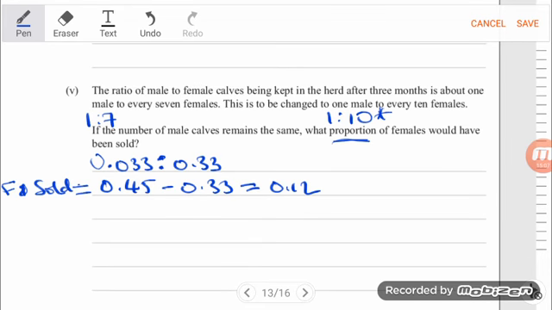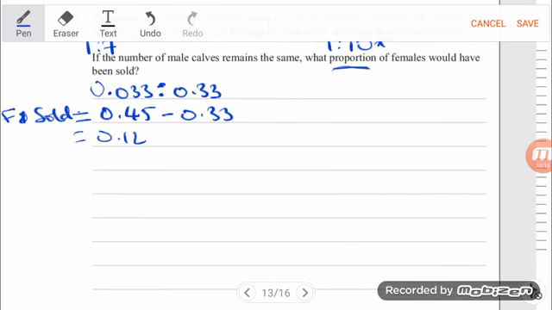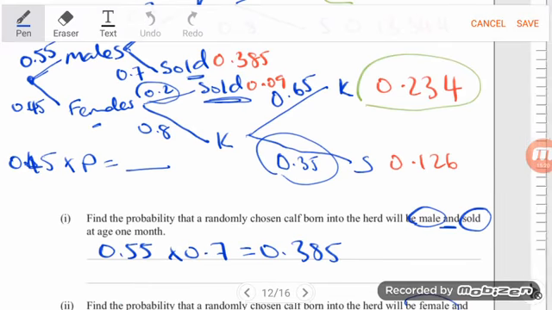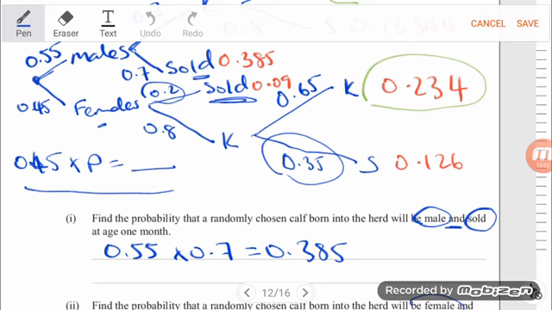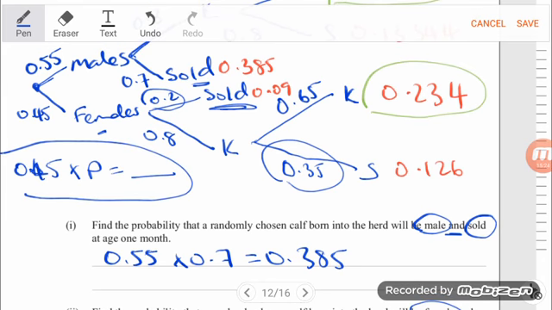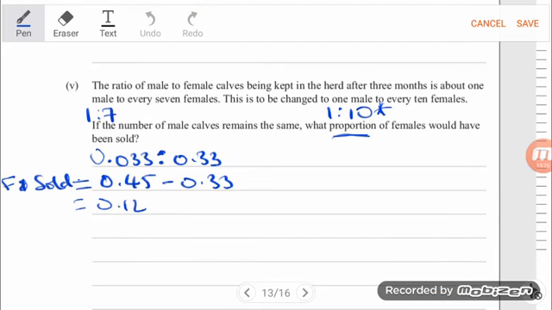Or if you're going to work down the page, going back to here, where we said that we're going to need to multiply by something to get 0.12.